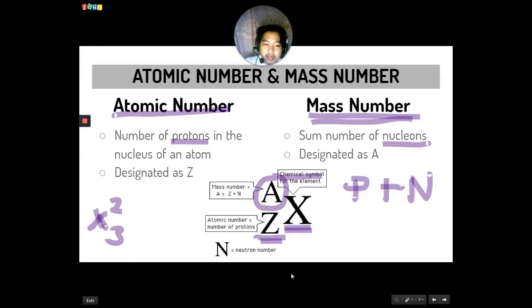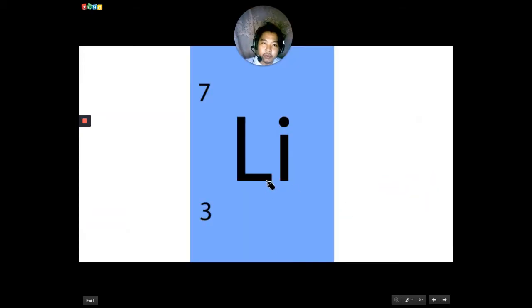By the way, we also represent the neutron number as N. Ito kasi yung minsan nakakaligtaan, hindi masyadong na-emphasize kasi nga neutral. Neutron is represented by letter N. So, if we go back to an example like this one, if I ask you, how many protons are there in this picture, or in this lithium atom?